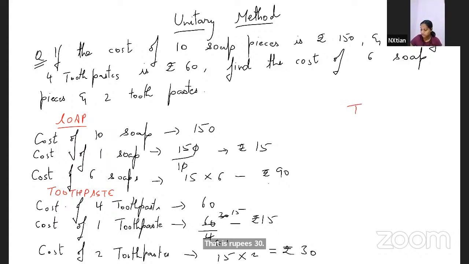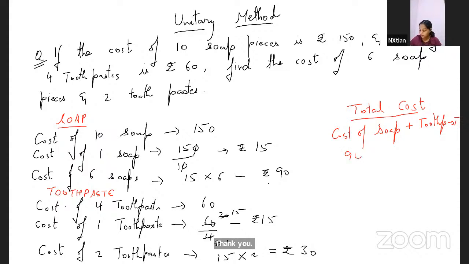Total cost will be cost of soap plus toothpaste. Soap is 90 and toothpaste is 30. So our total cost is rupees 120.